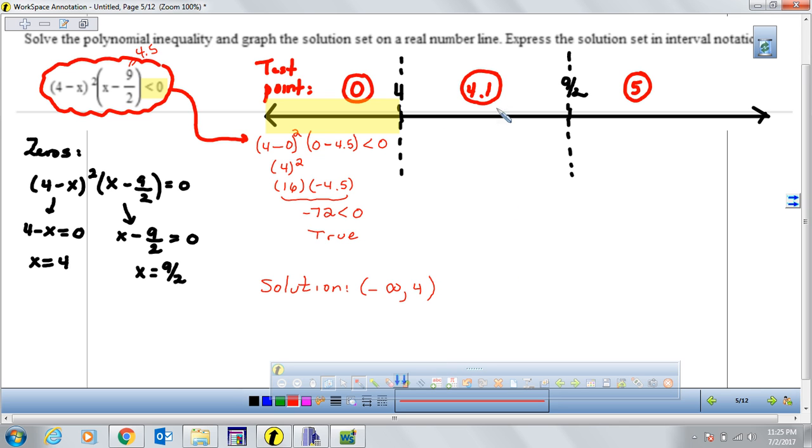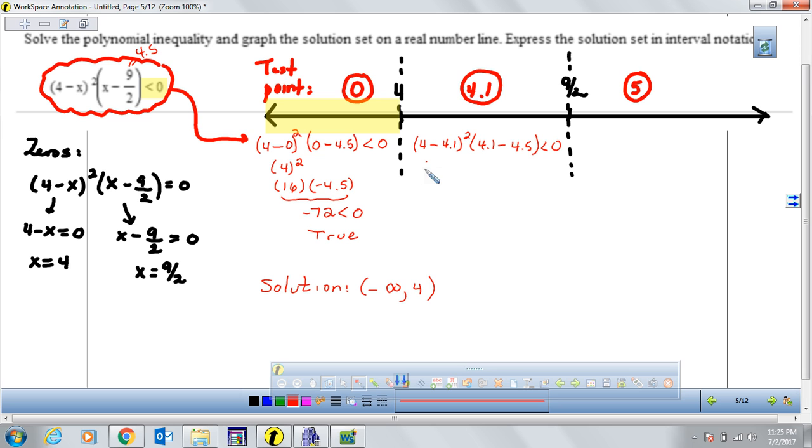Now, let's talk about the one in the middle. So I'm going to substitute 4.1 in the x. So it's 4 minus x, and in this case, x is going to be 4.1, squared, times x, which is 4.1 minus 4.5, has to be less than 0.